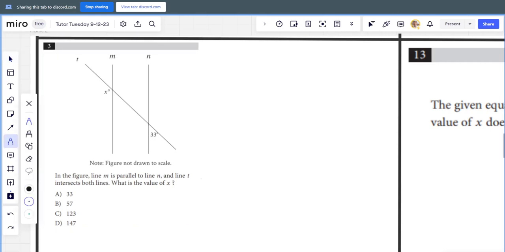Looking right here at this 33-degree angle, if we shifted that over right here, that would fit perfectly. So this is two parallel lines cut by a transversal line. And that means that this exterior angle, x degrees, should add up to 180 combined with a 33.